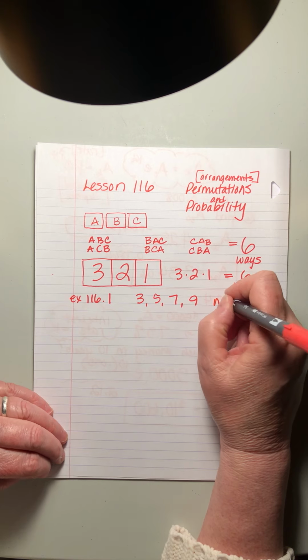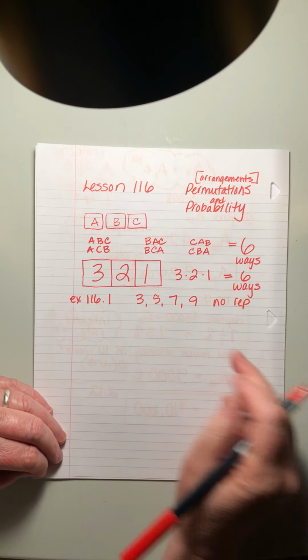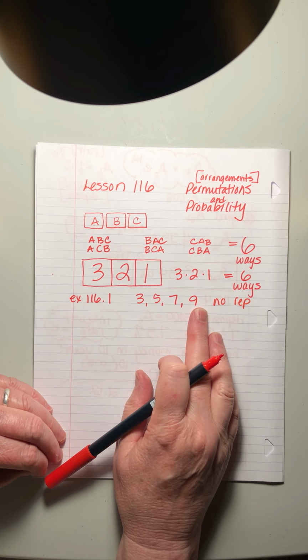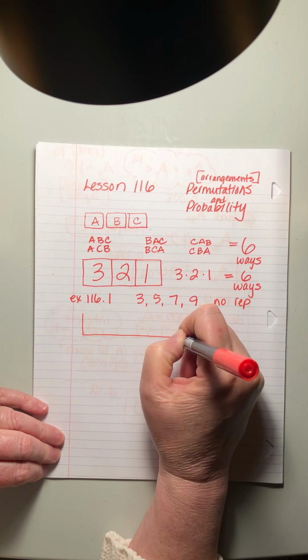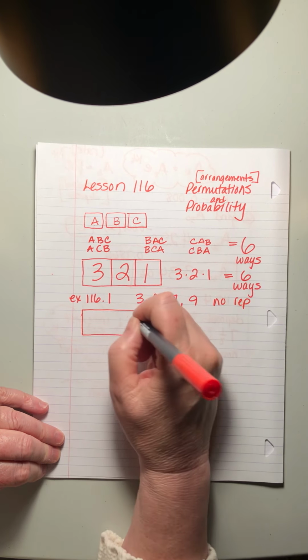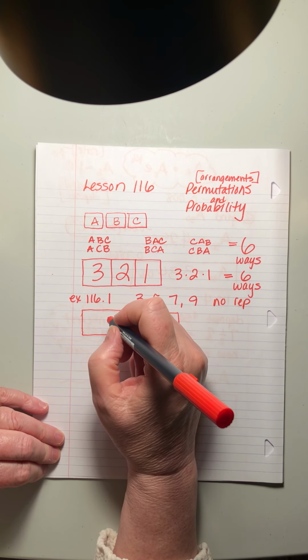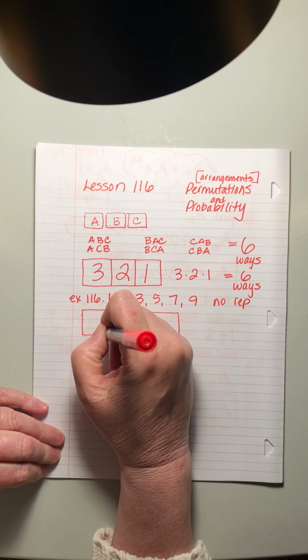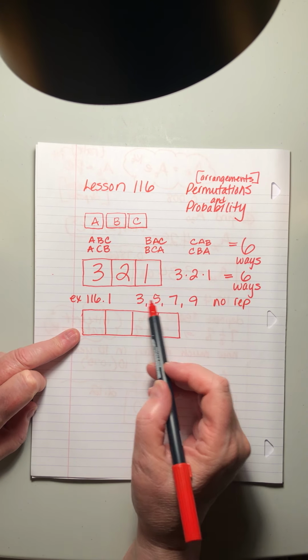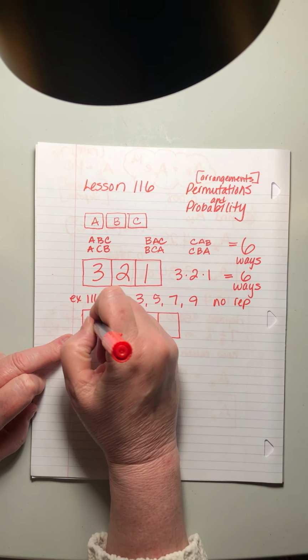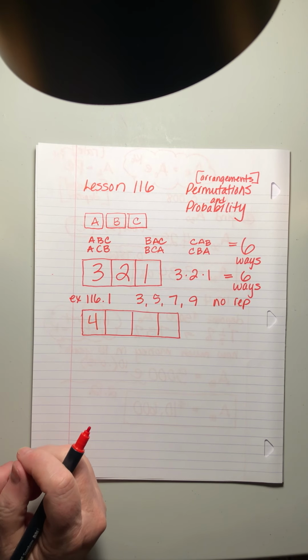No repetition, and I just write no rep, means we can't use the numbers over again. So once again, we visualize our solutions by drawing a box, and we're arranging the 4 numbers. We have to use all of them, right? Okay, so when I go to fill in this first box, I can put any one of those numbers in. So I have 4 choices.